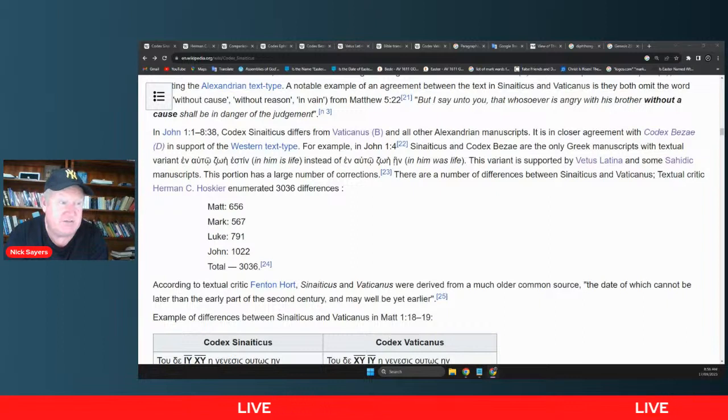Those differences, while very much real, were slightly less significant than the other categories of differences, and thus had Hoskier tabulated and documented all the real actual differences between B and Aleph, only in the Gospels alone, mind you, then the number would have been simply staggering, as in many times more than 3,000 plus differences between B and Aleph in the Gospels alone. That is also a matter of plain empirical verifiable fact.